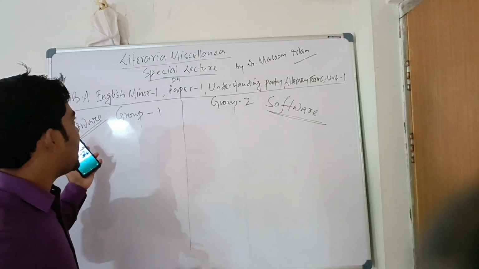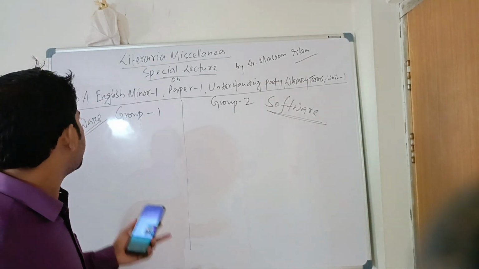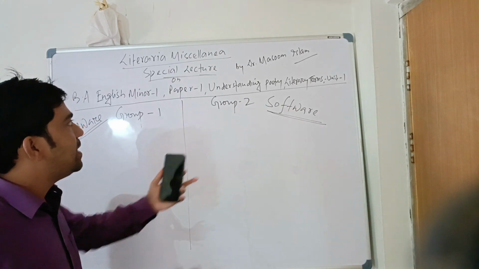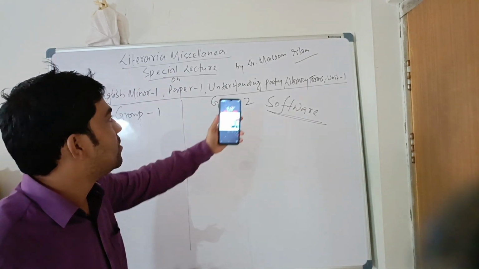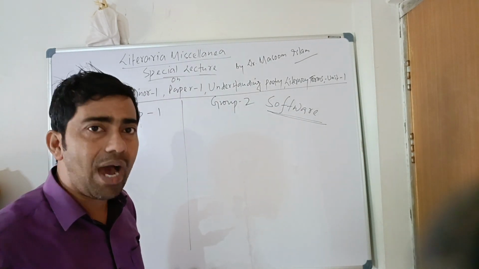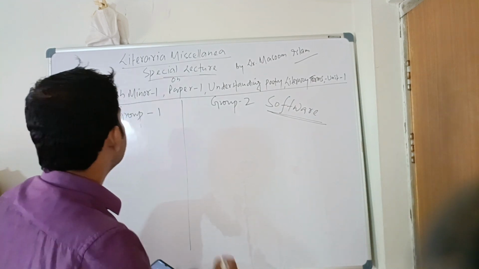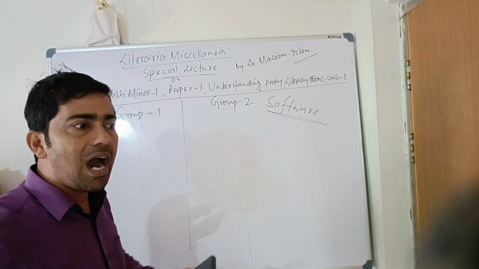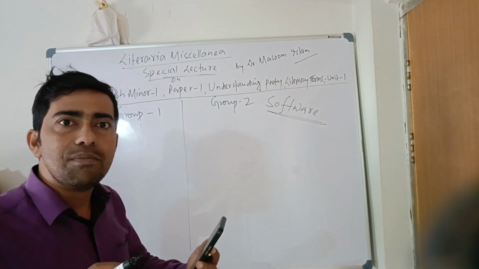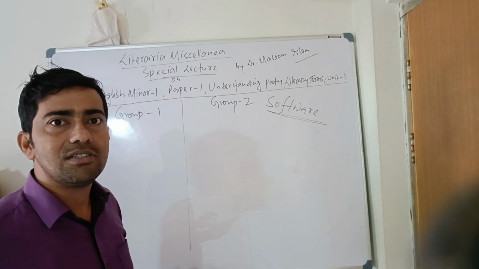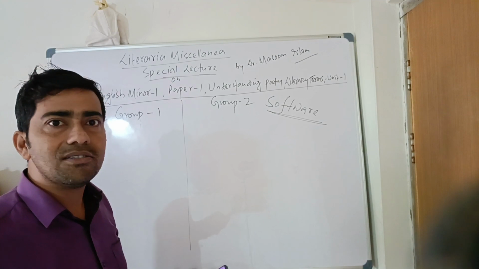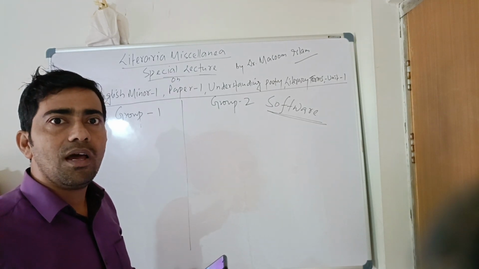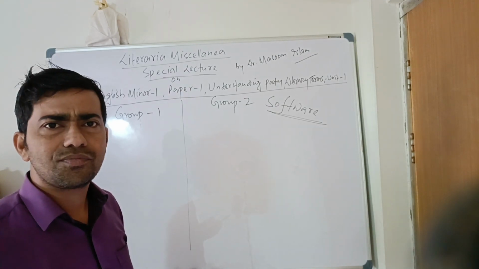I have made a unique way to understand it: group 1 is named hardware, and group 2 is named software. Why? Because the 16 literary terms are prescribed such that they are made for each other.